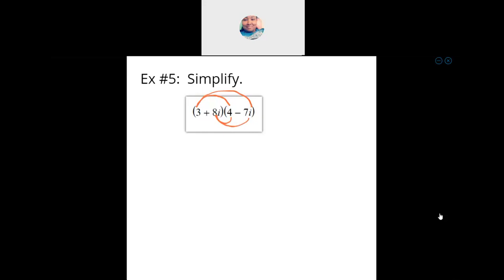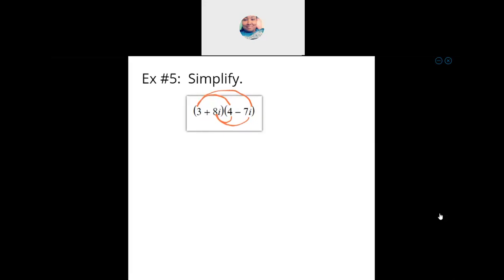So first, we're doing 3 times 4, which is actually 12. Next, we're doing 3 times negative 7i, which is actually negative 21i.